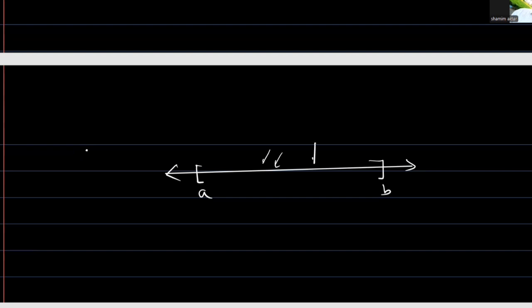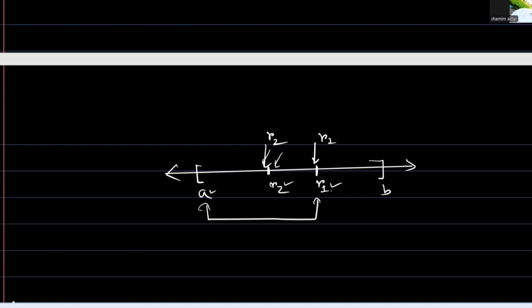So the density property guarantees a rational number here. Suppose we call it R1. Now A is a real number and R1 is a rational number, so also a real number. By applying the density property, we can get another rational number here, R2.